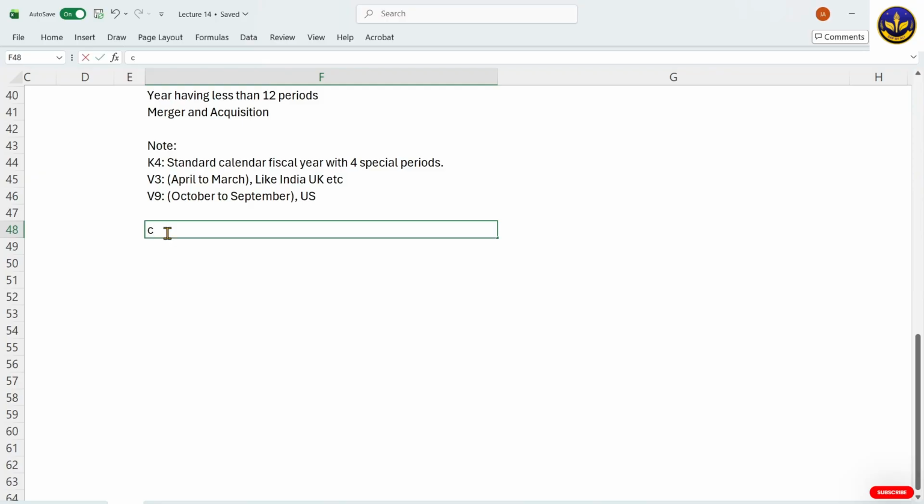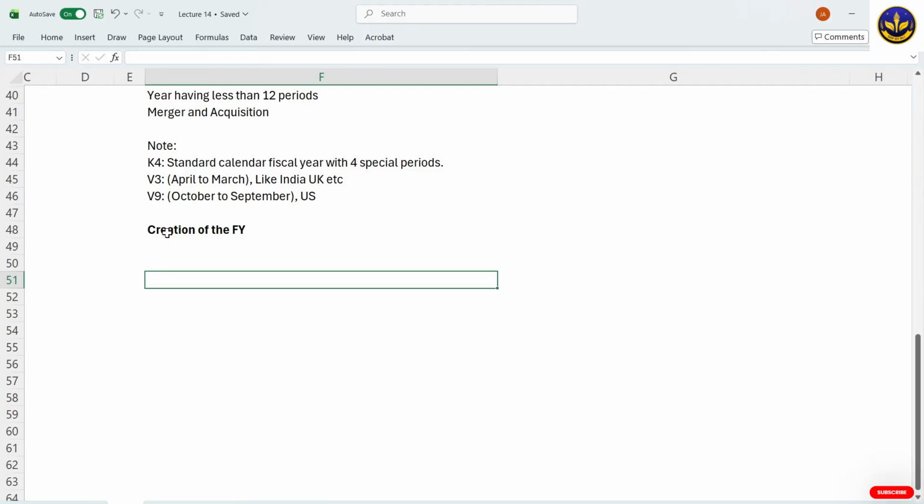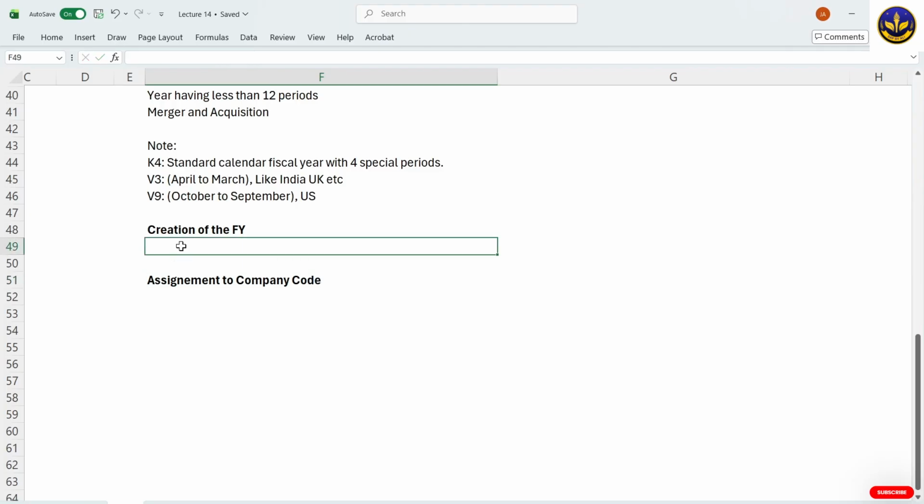First is the creation of the fiscal year, and the other is the assignment to company code. As I told you earlier, the creation of the fiscal year is at the client level. So whatever fiscal year variant you are creating has to be assigned to the company code in order to utilize it.